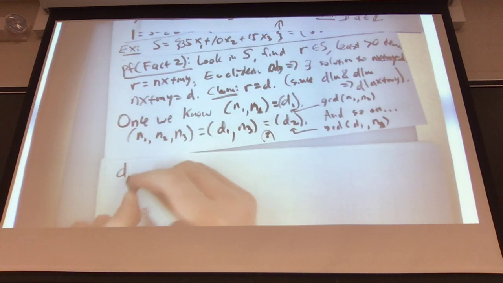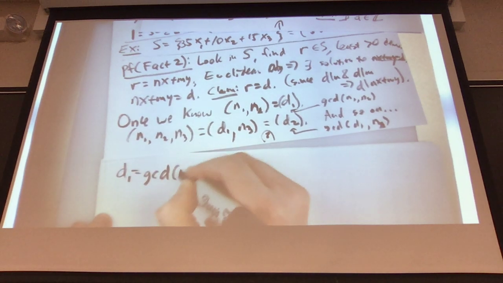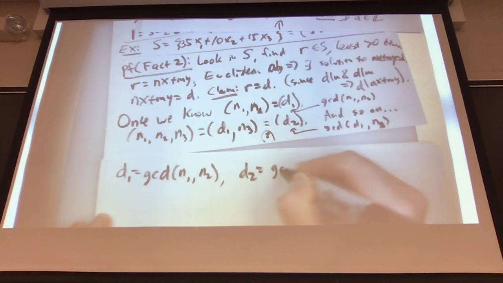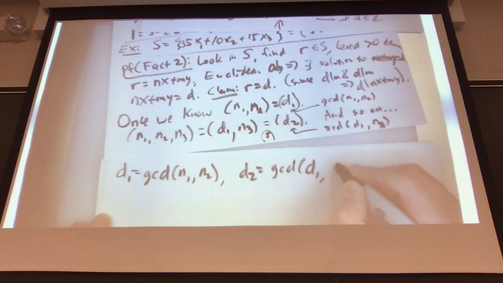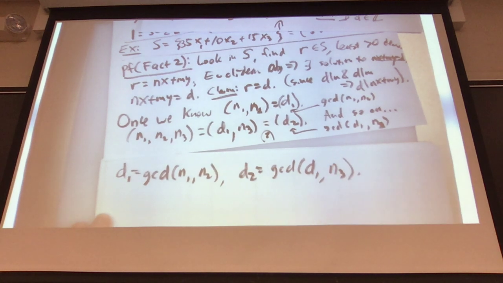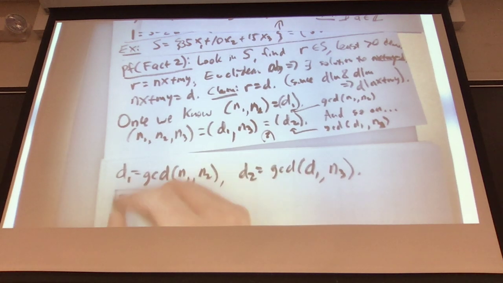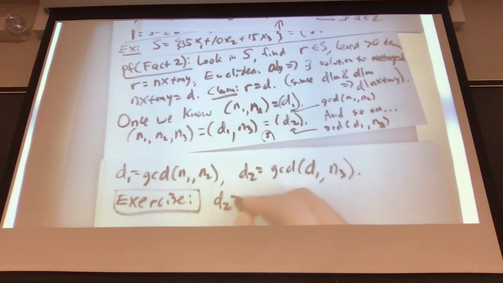And actually, I'm supposed to be giving you exercises, and I keep forgetting, so let's make this an exercise: D2 is the GCD of N1, N2, and N3.